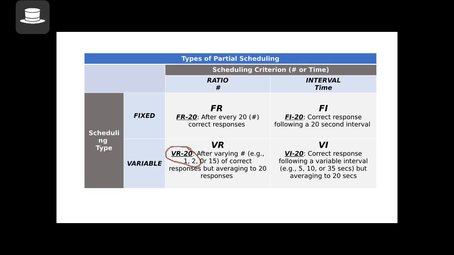Sometimes reinforcement occurs after a single correct response, or sometimes after 15 correct responses, sometimes after 30 correct responses. The number, however, averages to 20. That's why it is VR20.